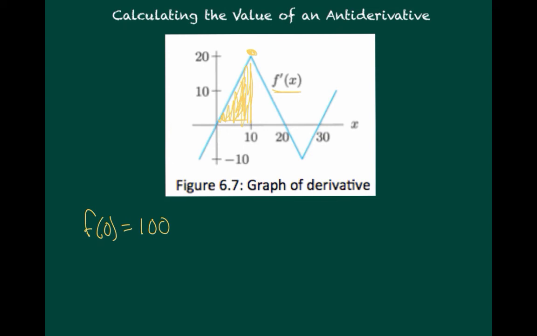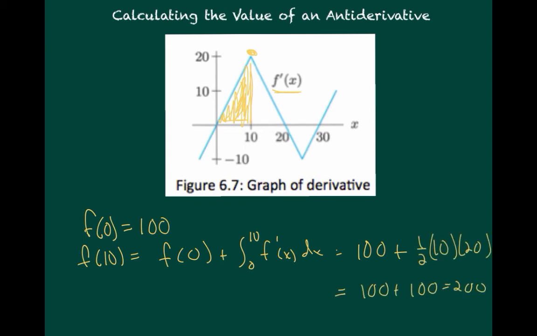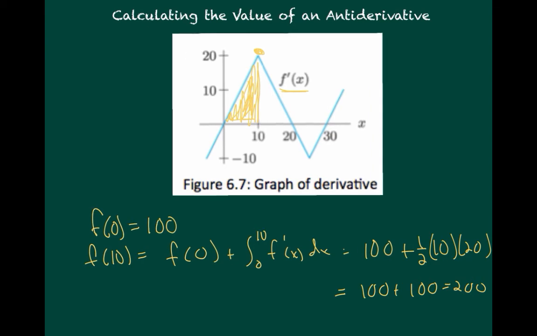Since we started off with f of 0 equaling 100, f of 10 is going to equal f of 0 plus the area from 0 to 10 under f prime of x dx, which we can see is just a triangle. So that's going to equal 100 plus 1/2 the base 10 times the height 20. So we get 1/2 times 10 times 20, or 100. So we know that f of 0 was equal to 100, and f of 10 equaled 200.